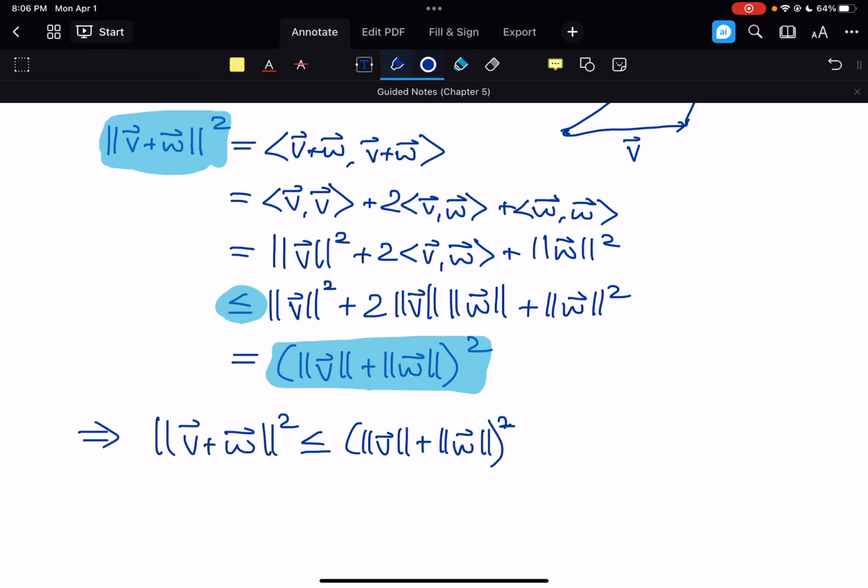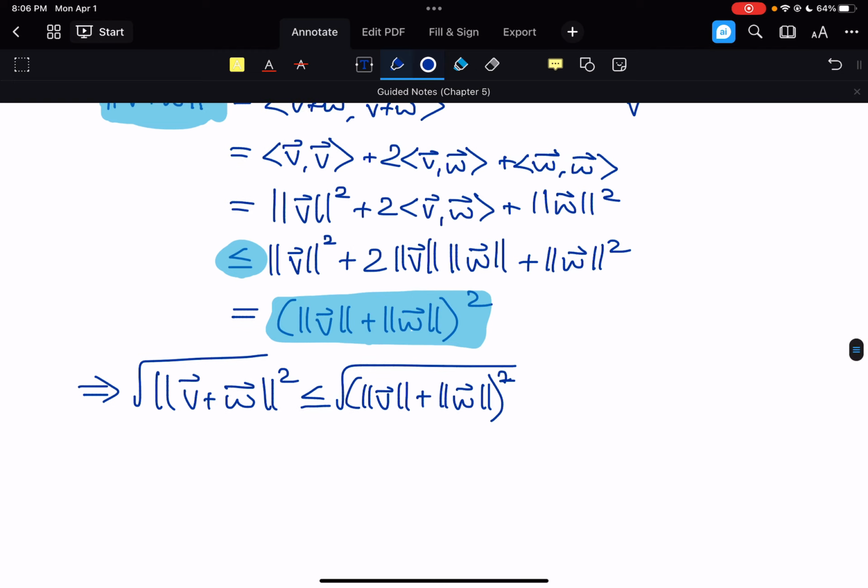And now we can go ahead and take the square root of both sides. So we get the length of v plus w is less than or equal to the length of v plus the length of w, which is the triangle inequality.